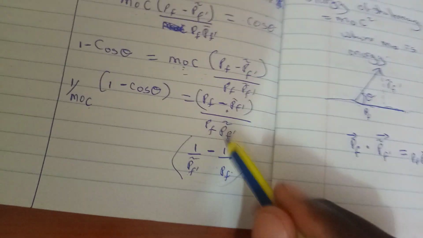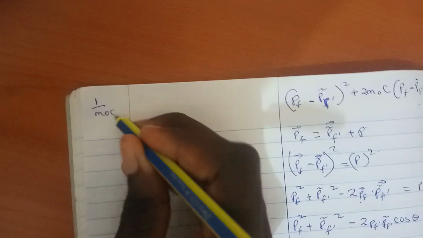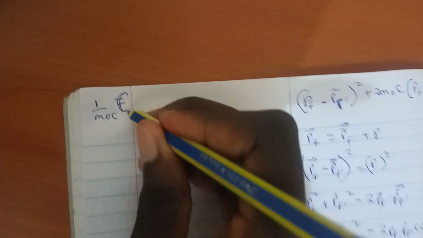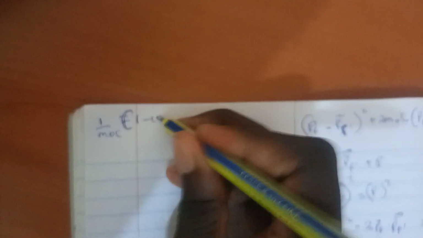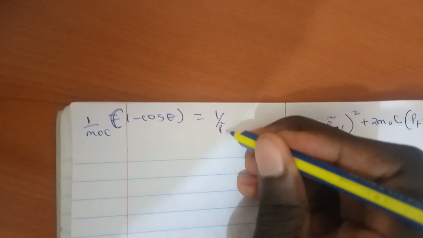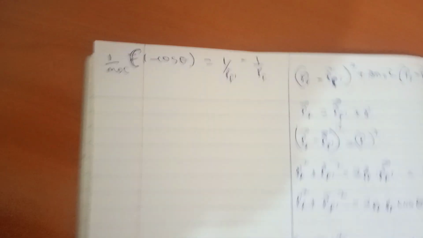If you calculate this equation, you will find this number here. So this just requires some calculations, so that you'll have 1 over m naught c, in bracket 1 minus cos theta, is equals to 1 out of p prime f prime minus 1 out of pf.